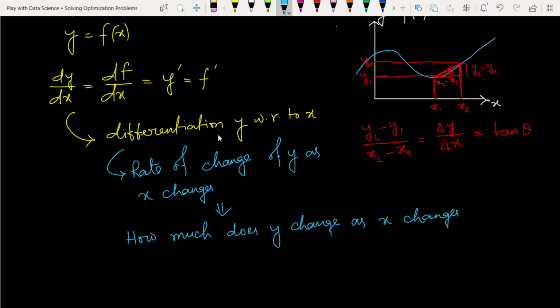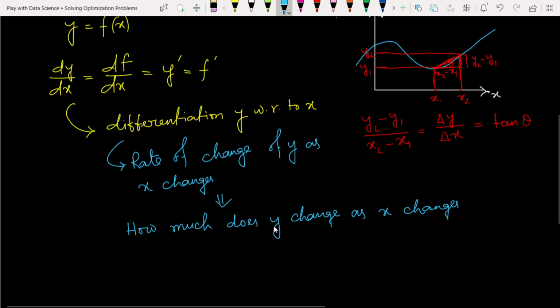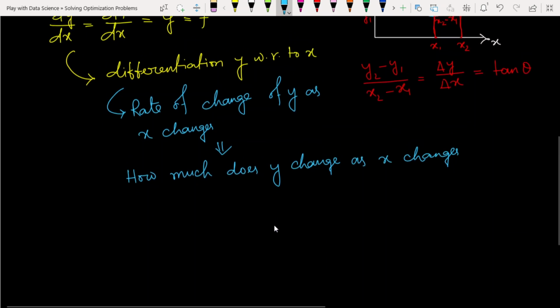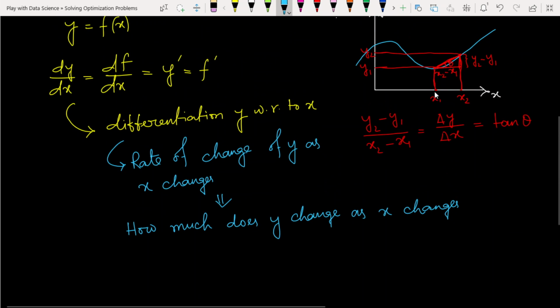Think about this geometrically, then you can simplify this concept. Now, this is the simple tan theta geometrical concept.